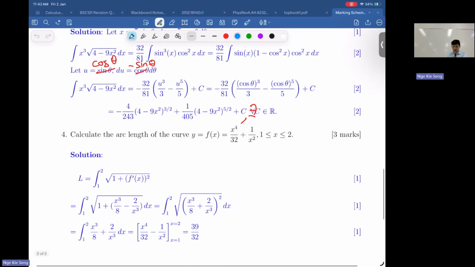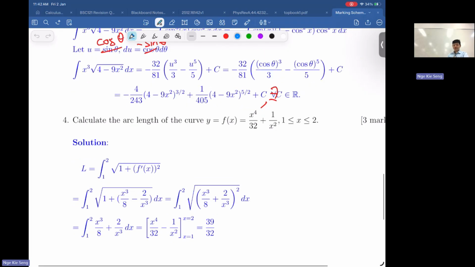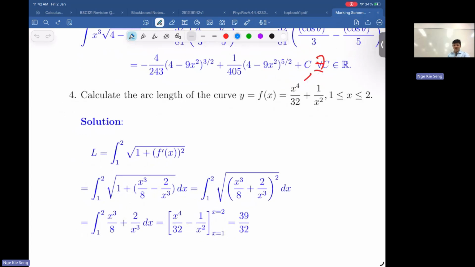And then the last one, I think quite straightforward, but I think someone miscalculated the derivative. That's it. For this question, you don't even need to know what the curve looks like. You can apply the formula already.